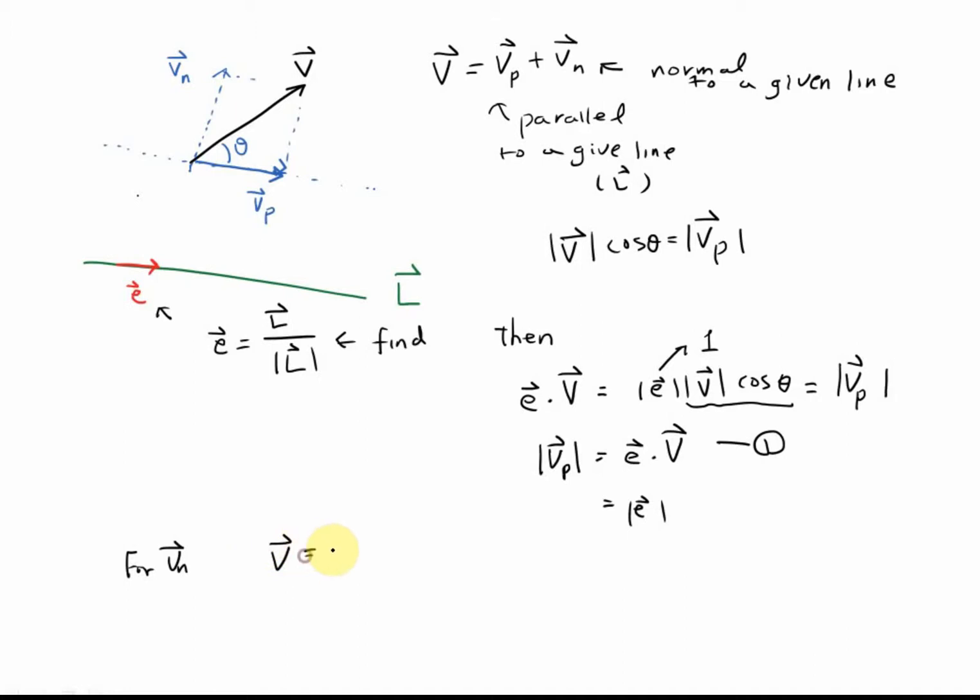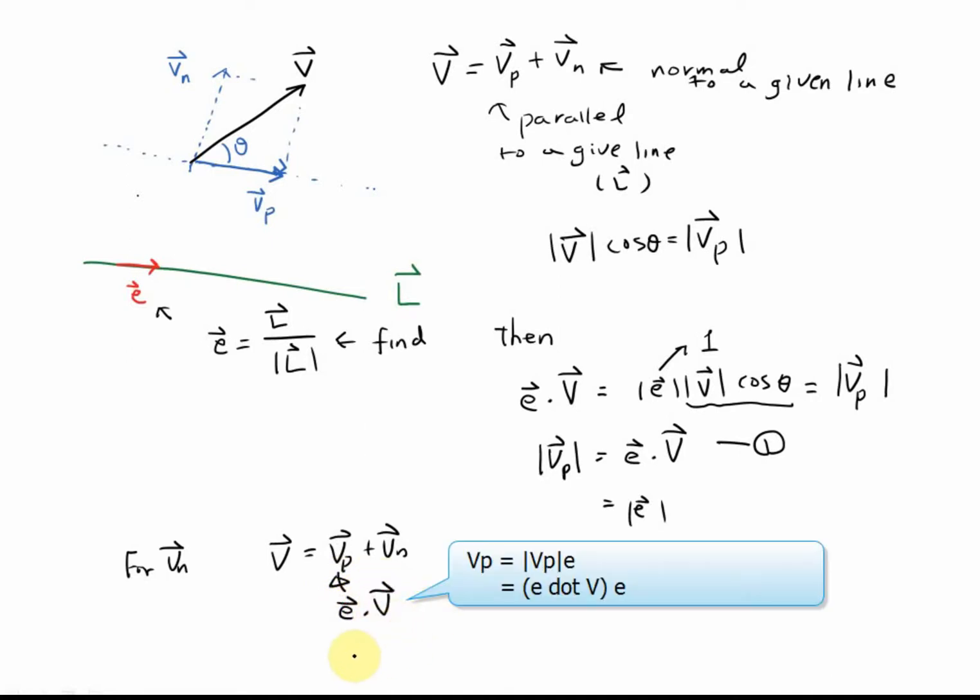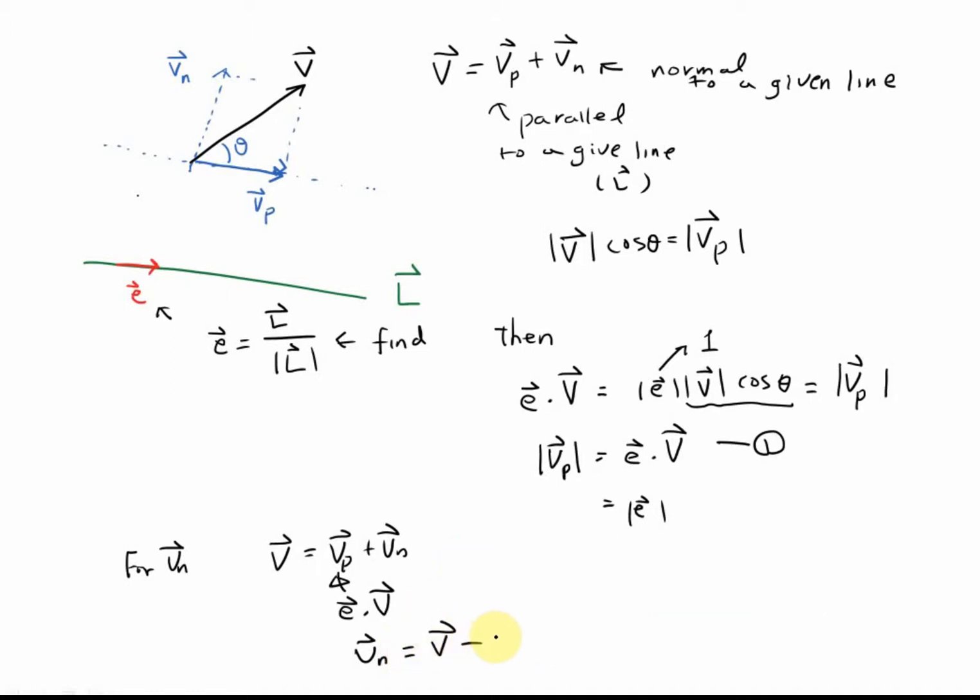We know that V is Vp plus Vn. So we got this component, E dot product V, and that's why your Vn component is V, your original vector, minus Vp.